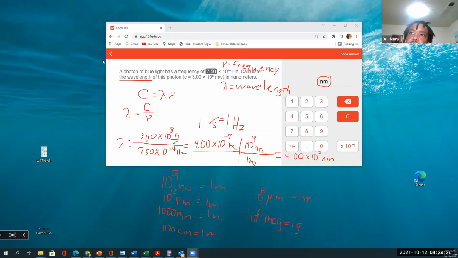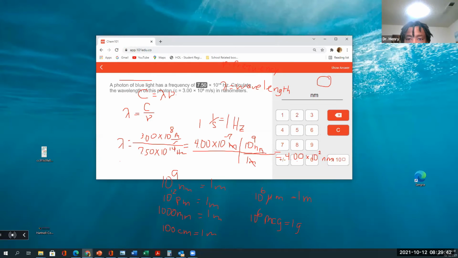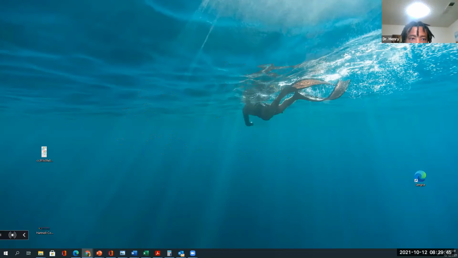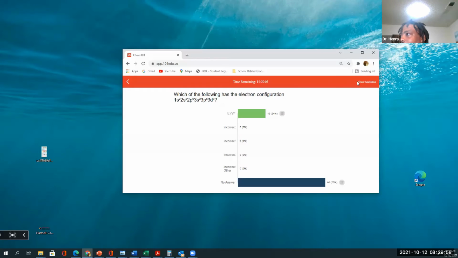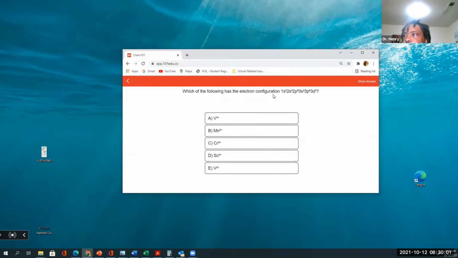Okay, so let's see. The other question was 50. Okay, which of the following has the electron configuration 1s, 2s, 2p?